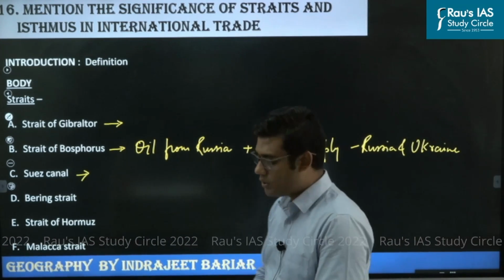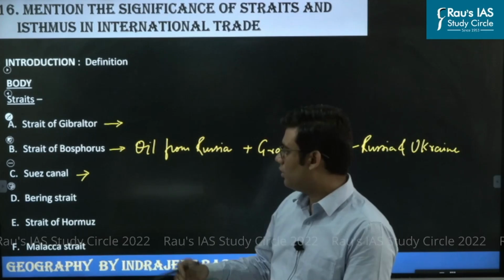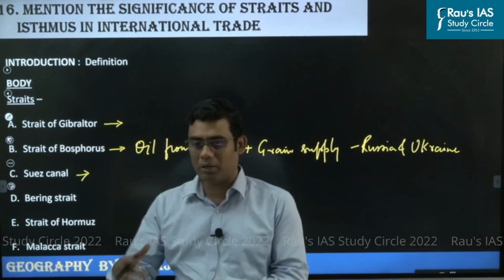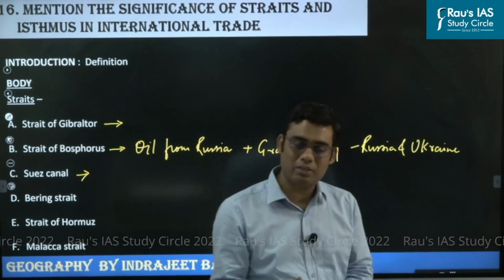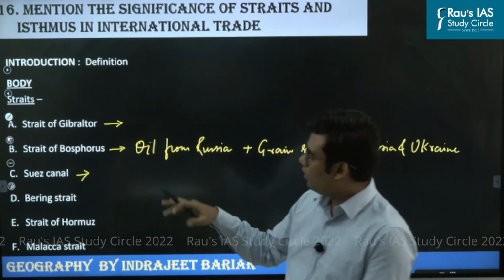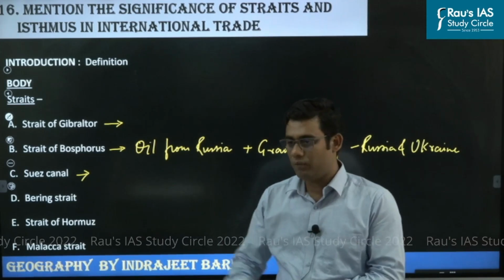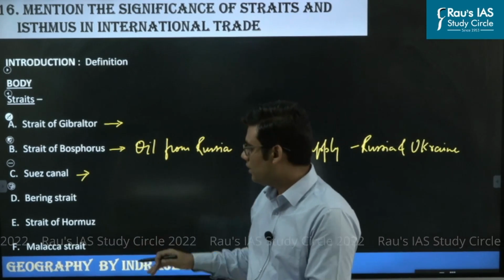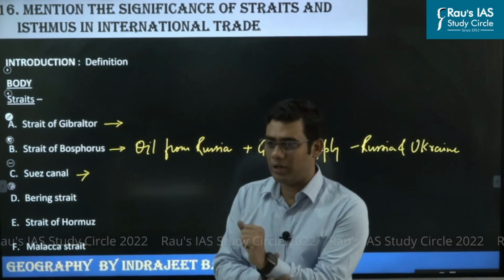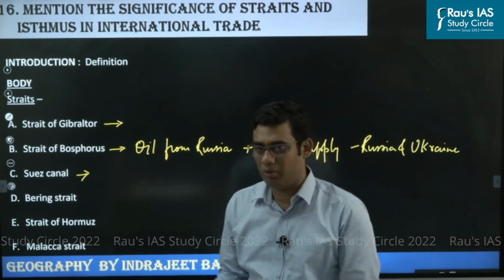Now, when the Suez Canal was constructed, the straightforward route becomes: from London, let's say, you move into the Mediterranean Sea via the Strait of Gibraltar. Then from the Mediterranean Sea, you move into the Red Sea via the Suez Canal, and further from the Red Sea, you can move into the Arabian Sea.